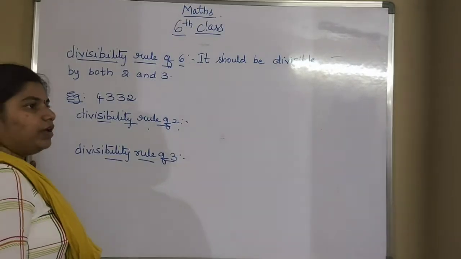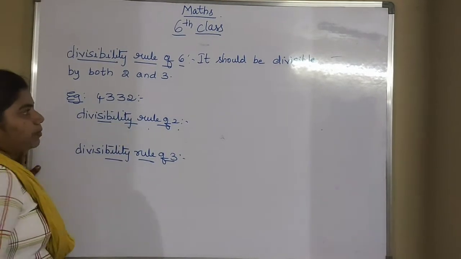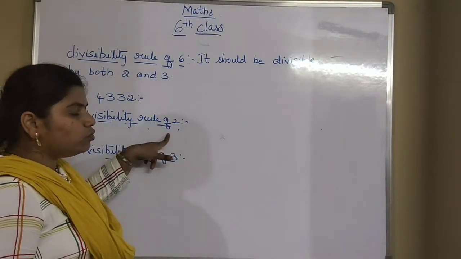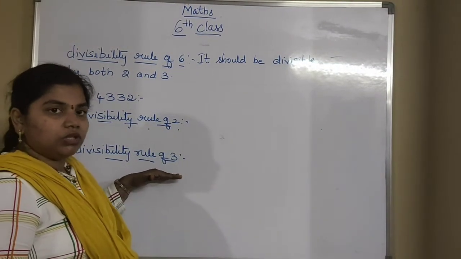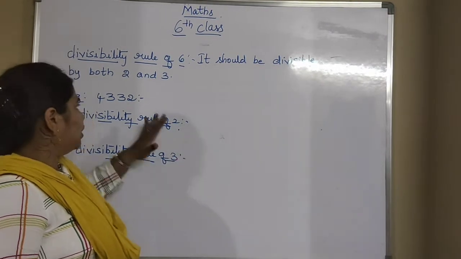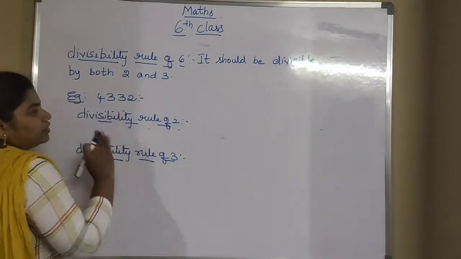So which number I am taking? 4332. So whether this number is divisible by 6 or not, we have to check. So how to check? First we have to check for 2 and also we have to check for 3. If it is divisible by 2 and 3, then only this whole number will be divisible by 6. So first we will check for 2 now.